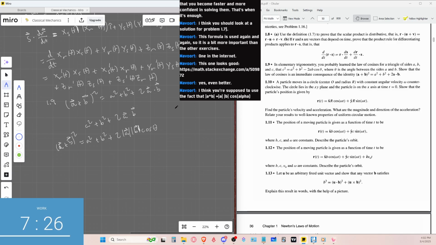As I remember, if A times A is equivalent to that, and B times B is equivalent to this, so for some reason I'm thinking of the triangle inequality.